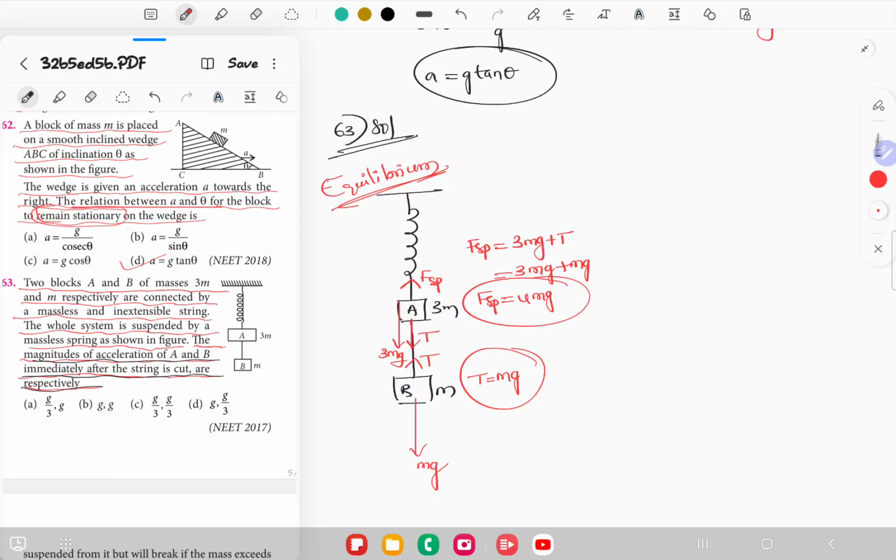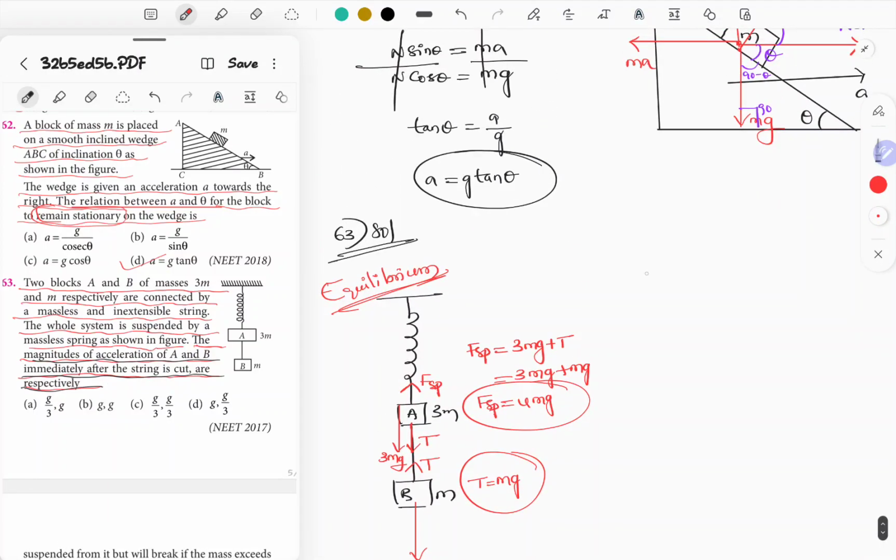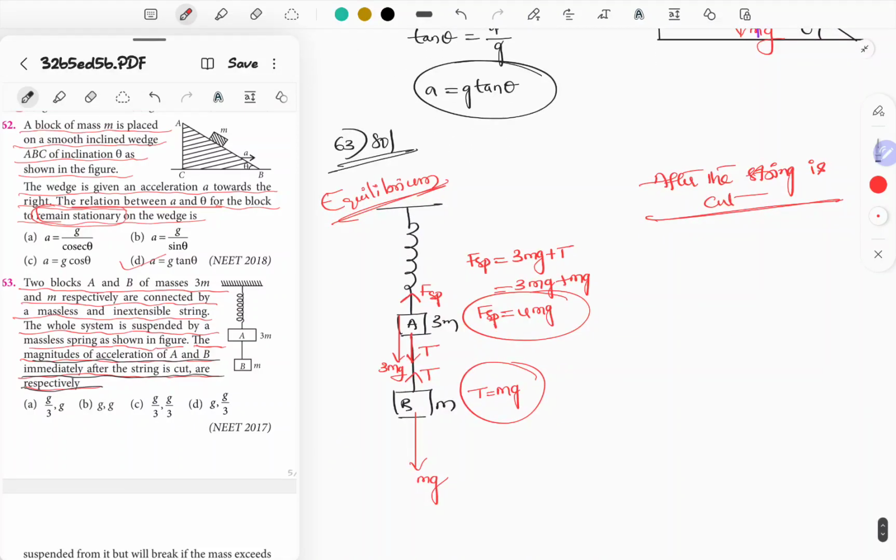Okay, super. So after cutting the string, let us see what is going to happen. Think logically. It is just after the string is cut, not after so much time. Let me represent that diagram again.